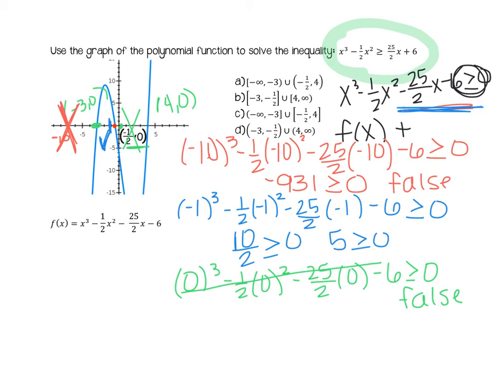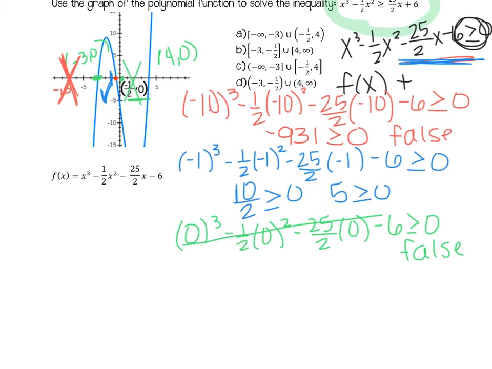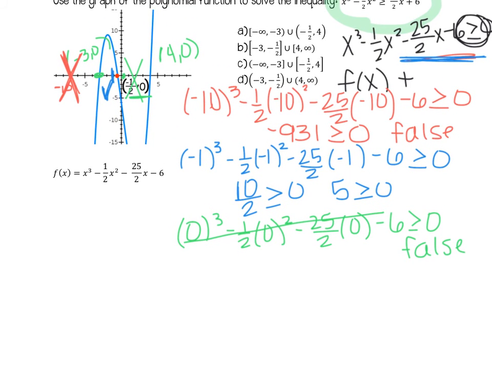My very last one that I need to check is something bigger than my region right here. I'm going to use positive 10 just because 10 is really easy for me to work with in my head. You might choose a different number, and that's okay, as long as you choose a number that is not on the line and is in the correct shaded region. So I'm plugging it in just as I've been doing.